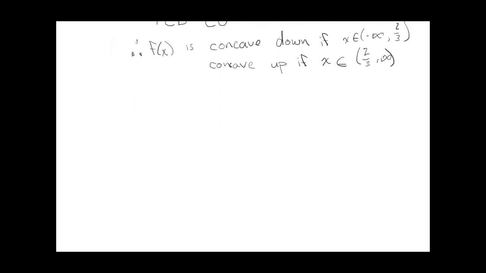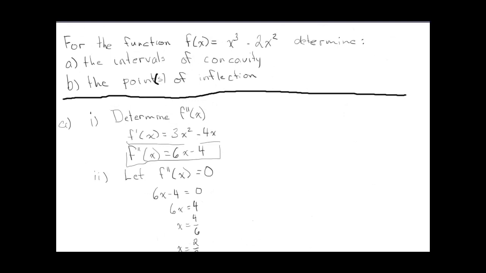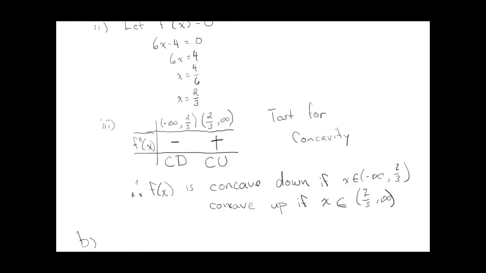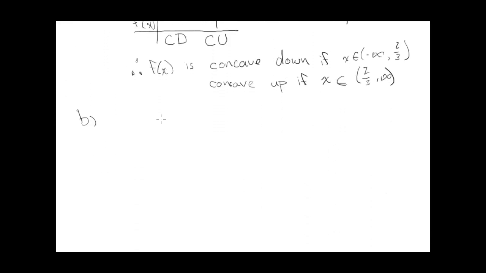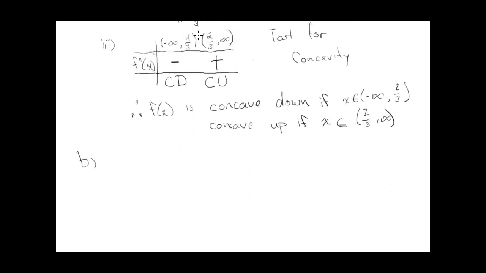Now part B was to figure out the points of inflection. Remember, the points of inflection occur when the function changes concavity. So we know that the function changes concavity at x equals 2/3.